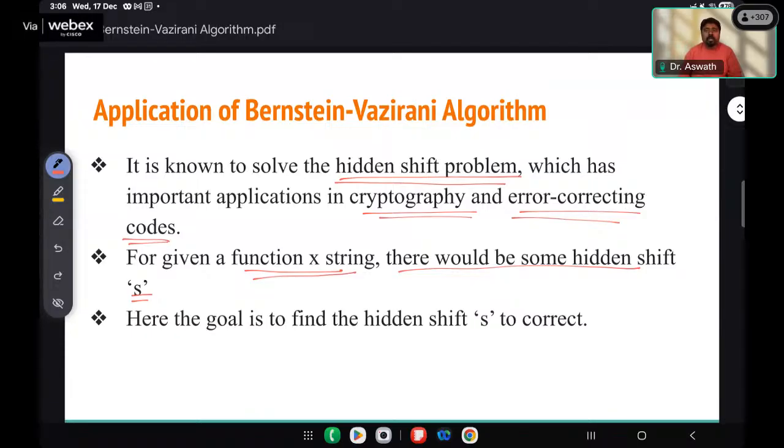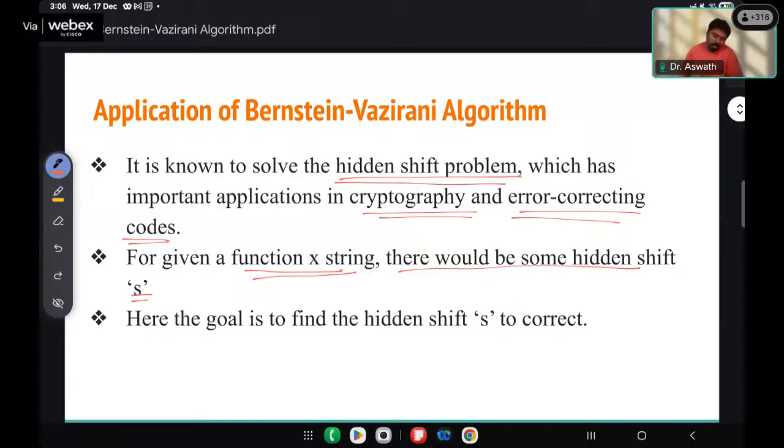The number of queries with the classical algorithm would be some number. But if I use a quantum algorithm with quantum mechanical principles like superposition and entanglement, you can reduce the number of queries to just a single query.